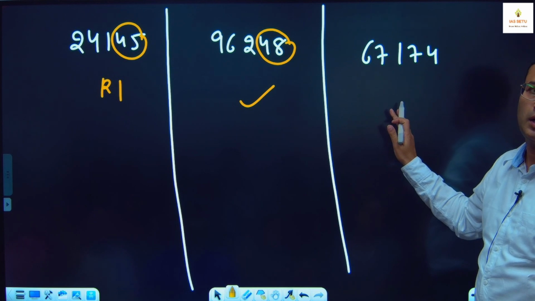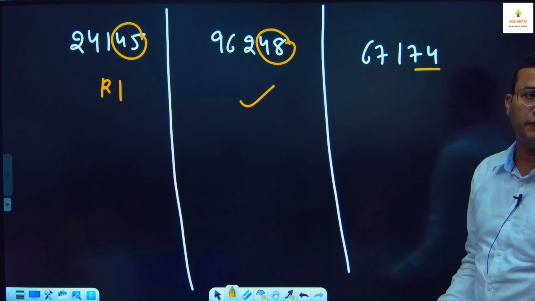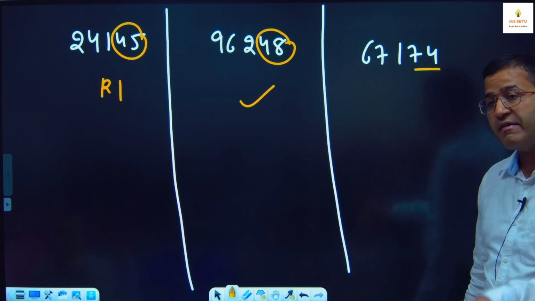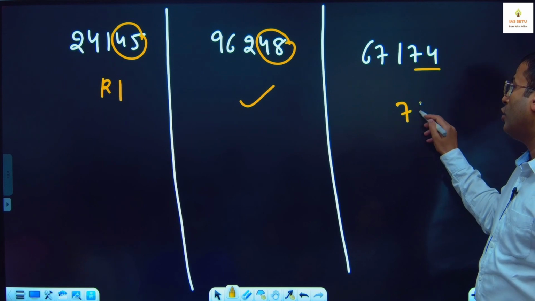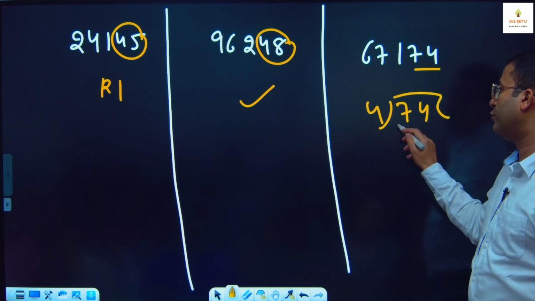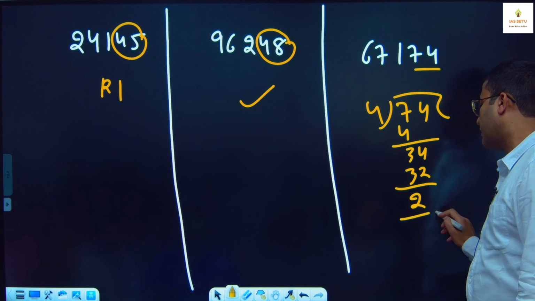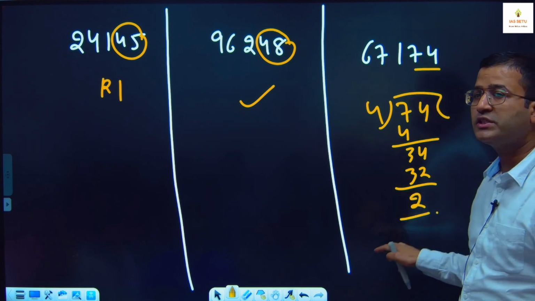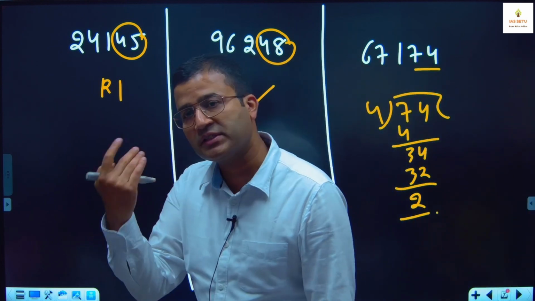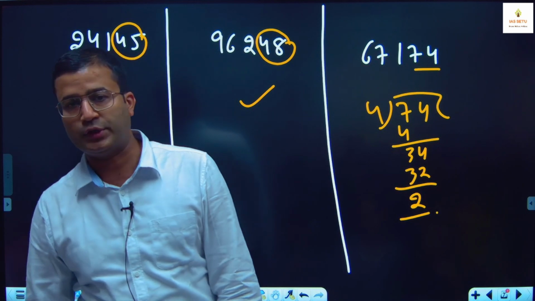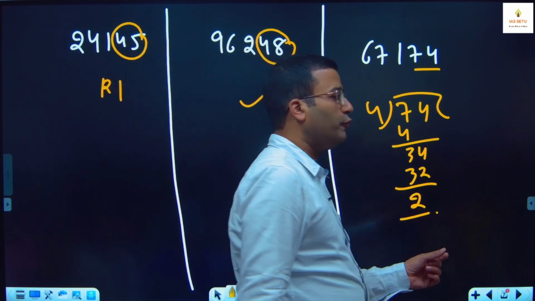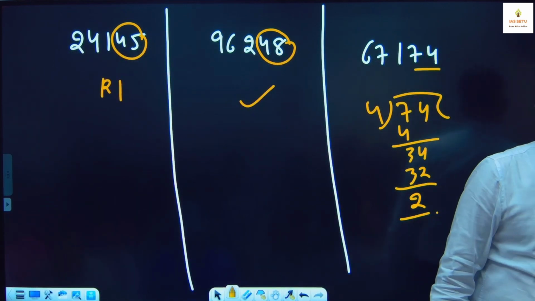No. If someone is mistakenly thinking 74 is a multiple of 4, no. 72 is a multiple of 4, and 74 you divide by 4: 4, 34, 32, your remainder is 2. If the last 2 digit number gives remainder 2, it means the entire number gives you remainder 2. So for divisibility of 4, the concept is the last 2 digits.